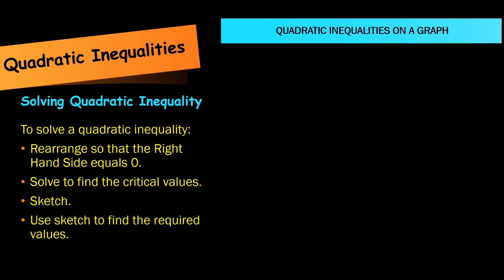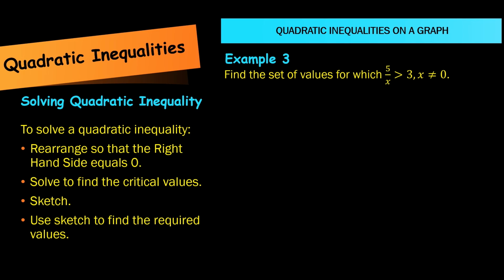Now let's take a look at another example. Pause the video and have a go. Press play when you're ready to view the solution. So let's solve this. We are required to find the set of values for which 5 over x is greater than 3 and x is not equal to 0.